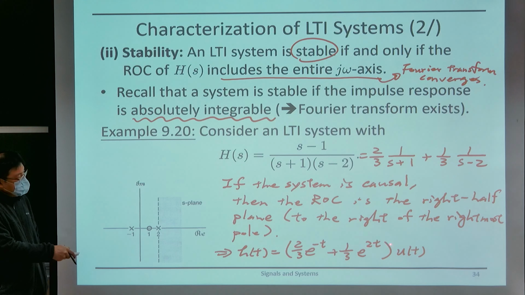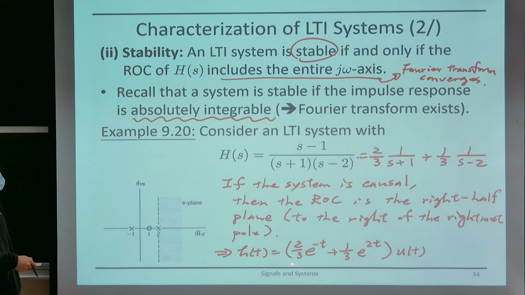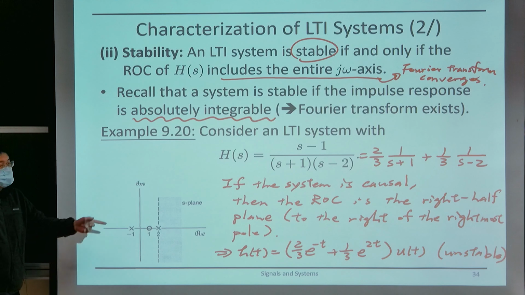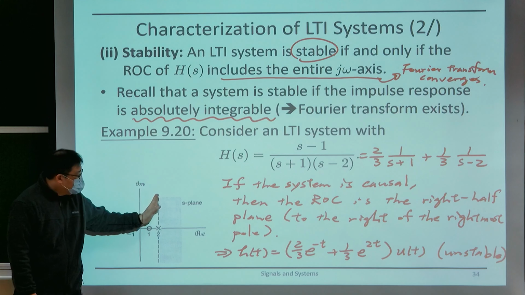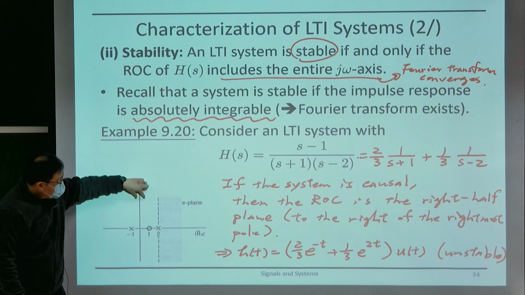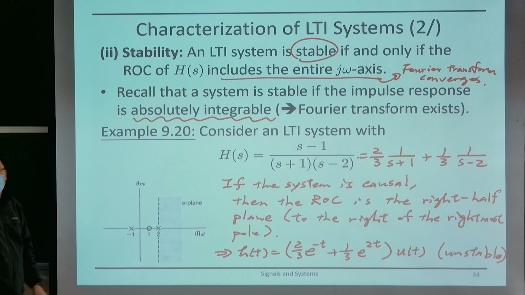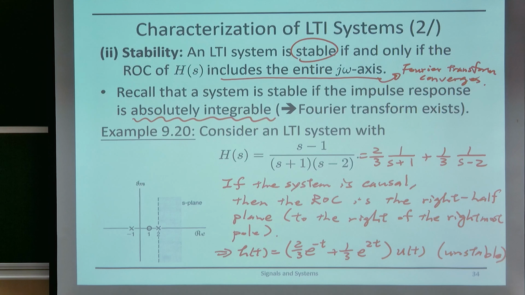So as t goes to infinity, this thing blows up to infinity. So the system is actually not stable. And you could have also observed this directly from the ROC, because you can see here that the ROC does not include the j omega axis.